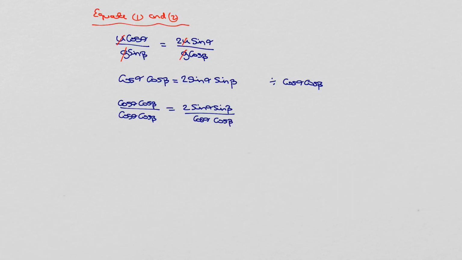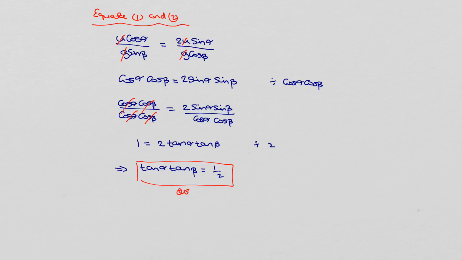And of course cos goes into cos once, and sine over cos and sine over cos is equal to tan. So I'm left with 1 is equal to 2 tan alpha tan beta. And lo and behold, if I divide both sides across by 2, then I'm left with tan alpha tan beta is equal to a half, which is what we wanted to show.